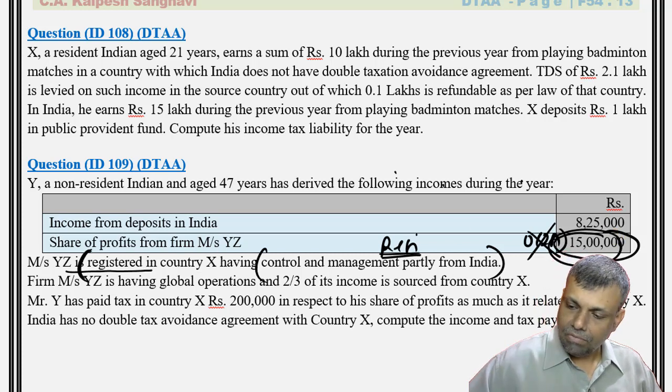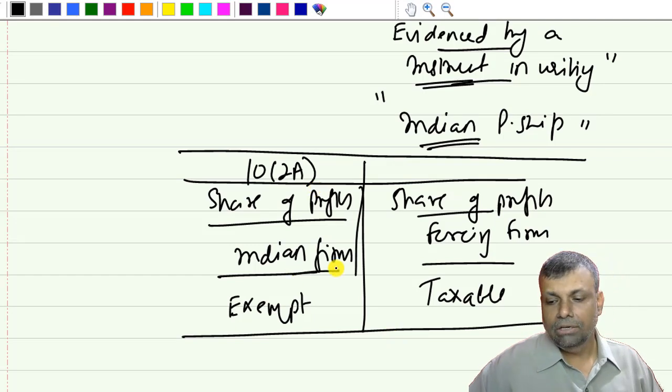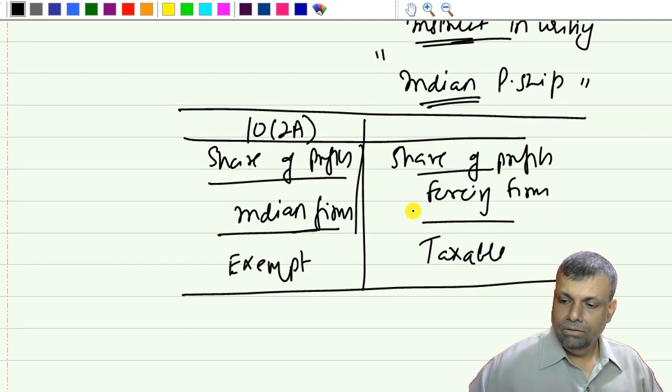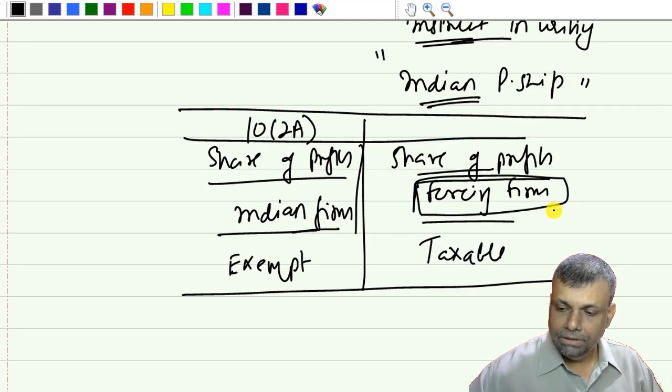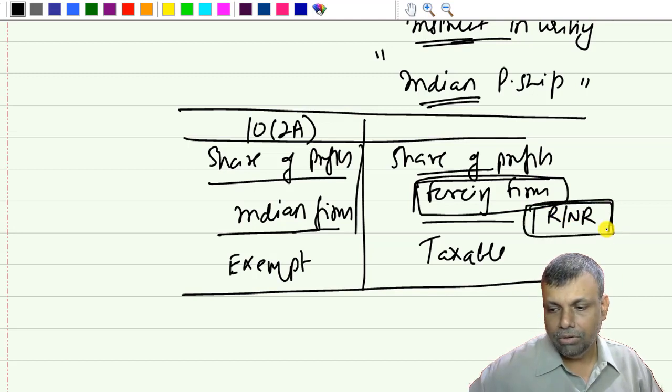So to conclude, this is how you can say under 10(2)(a), share of profits from an Indian firm will be exempt, and share of profits from a foreign firm will be taxable. Now, if you want to extend this, these foreign firms can be resident or can also be non-resident depending upon the situation.